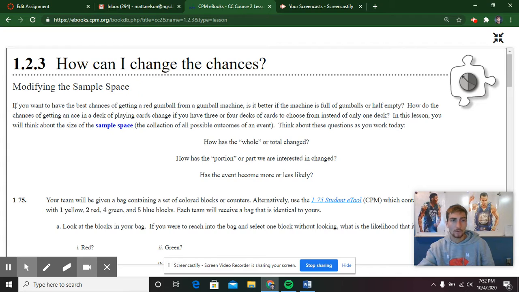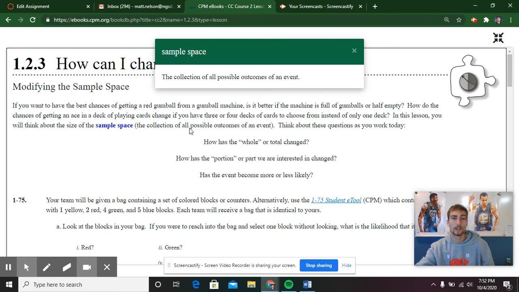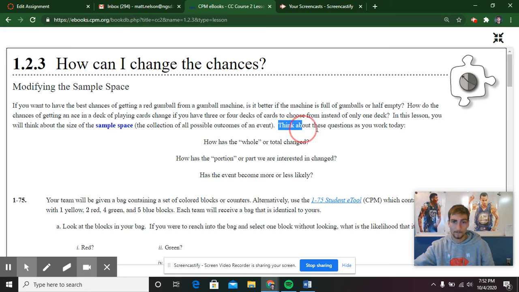So in this lesson, we're going to think about the size of the sample space. And the sample space is the collection of all possible outcomes of an event. If we were to change the sample space, we're going to think about how the whole or total has changed, how the portion or part we are interested in has changed, and then has the event become more or less likely.